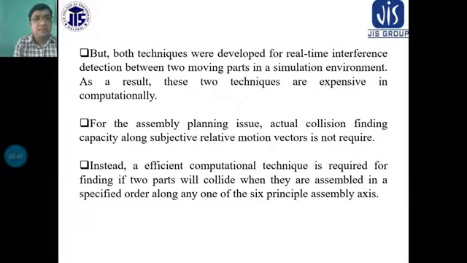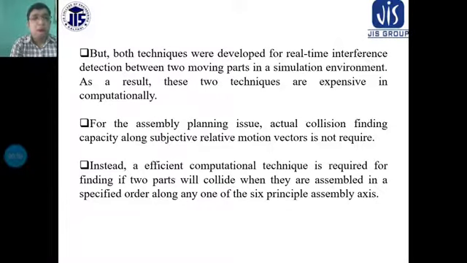Another thing is that for assembly planning issues, the capacity to find actual collisions along a subjective relative motion vector is not required.